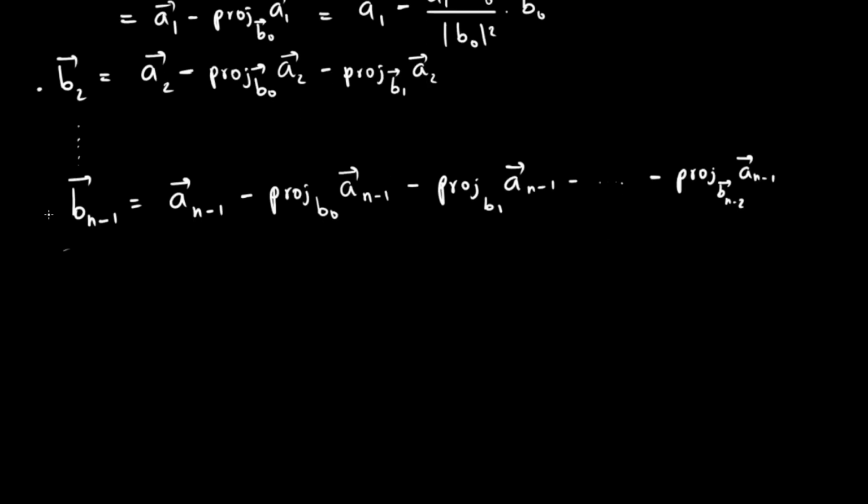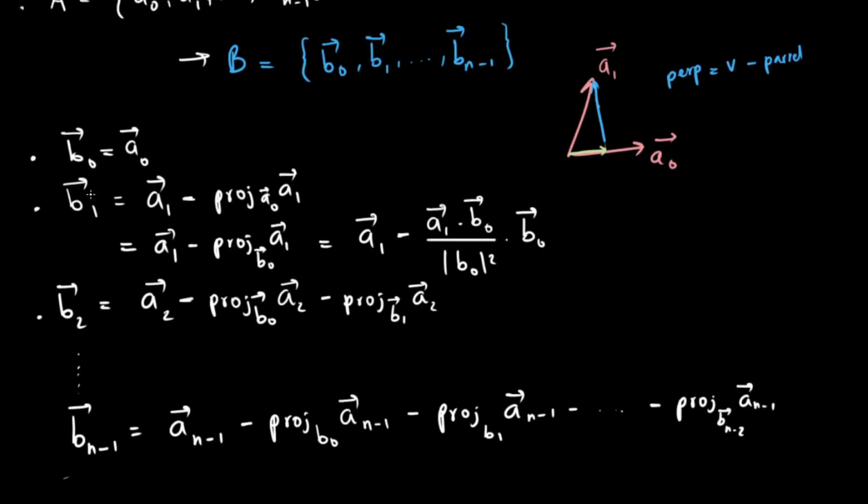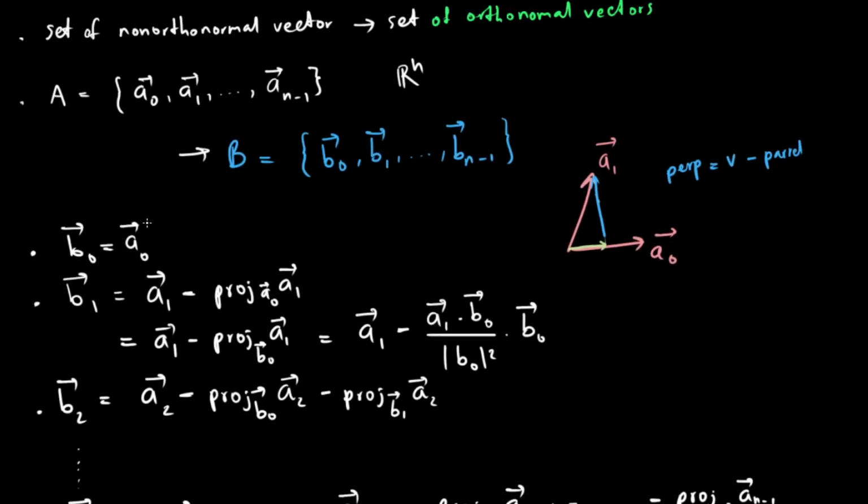Or we can write it as a summation. So b of n minus 1, we can write it as b of n, something. It doesn't have to be b of n minus 1. I want to write it because what we said in the beginning should be until b of n minus 1.